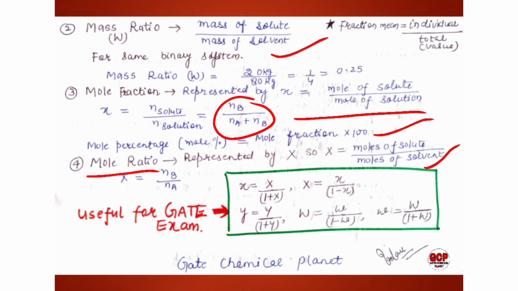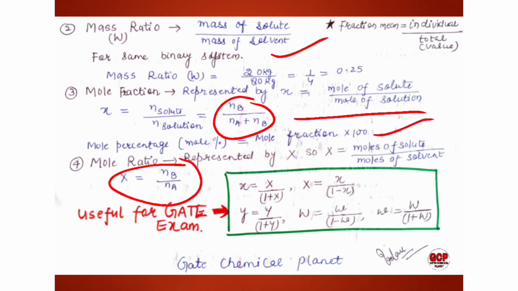In case of mole fraction, we were considering the moles of solution, but for mole ratio, we are considering the moles of solvent. So capital X equals Nb divided by Na.